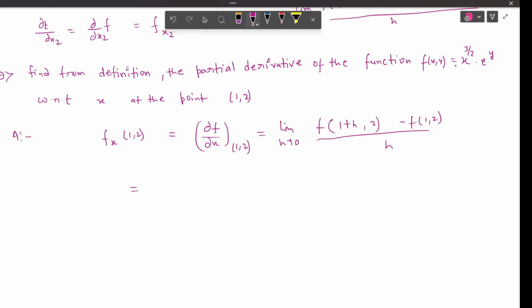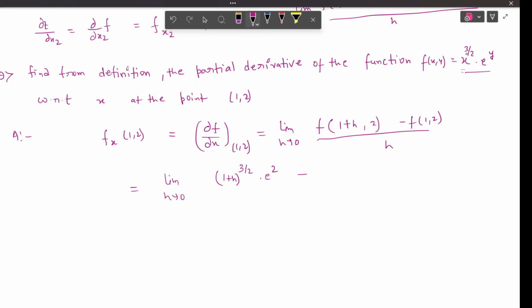Now our f of x comma y is this function x to the power 3 by 2 into e to the power y. So in place of x we have to write 1 plus h, and in place of y we have to write 2. So limit h tends to 0, in place of x we write 1 plus h, so this should be 1 plus h to the power 3 by 2, this is e square, minus f of 1 comma 2.